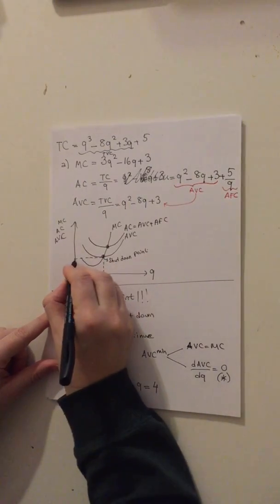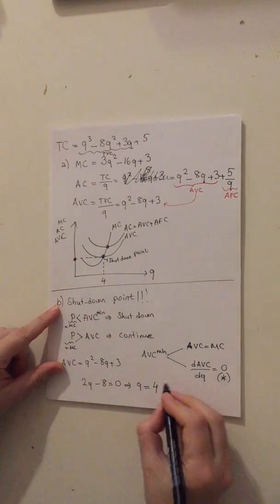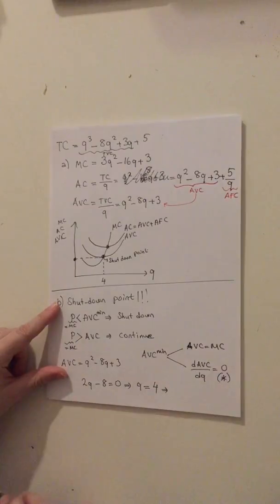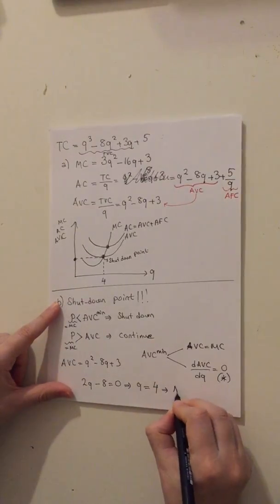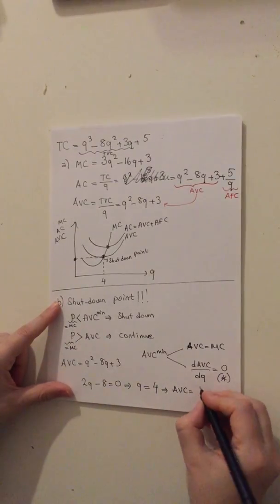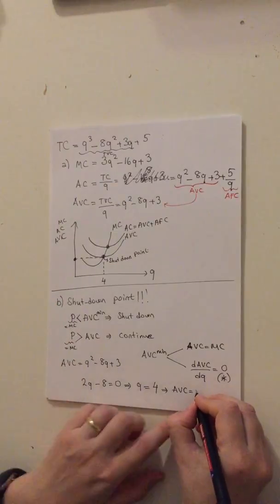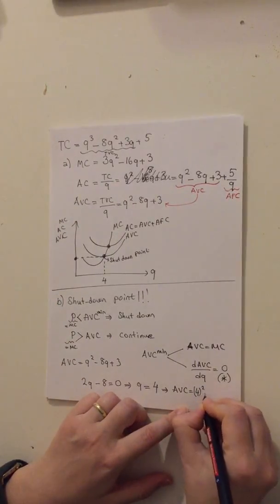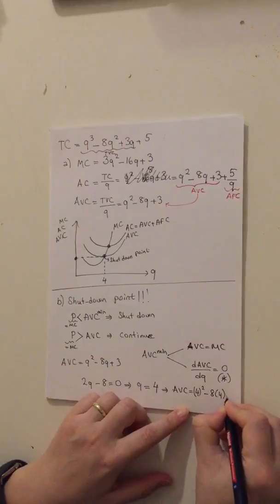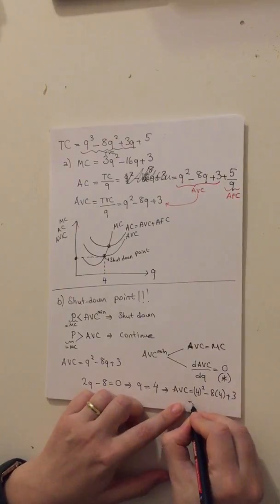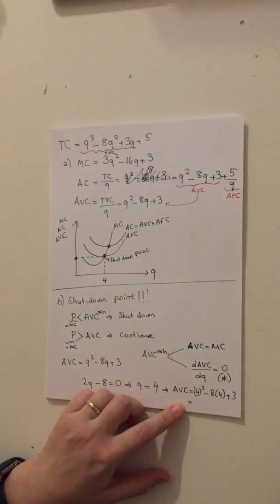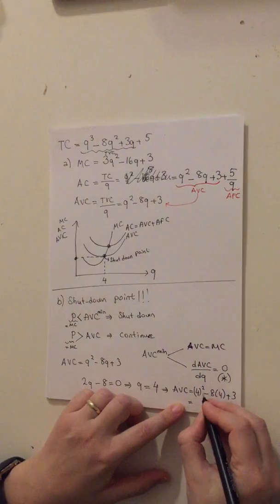But we need the price, we need that value. So if q equals 4, then average variable cost is 4 squared minus 8 times 4 plus 30, which is 14.